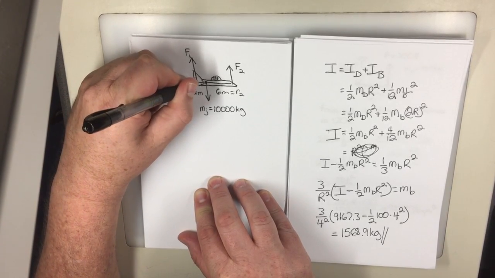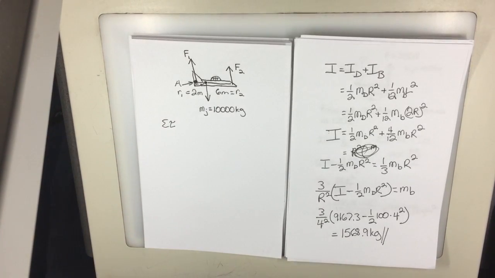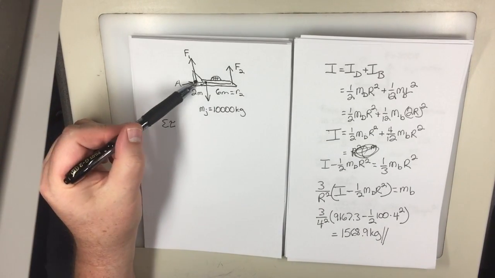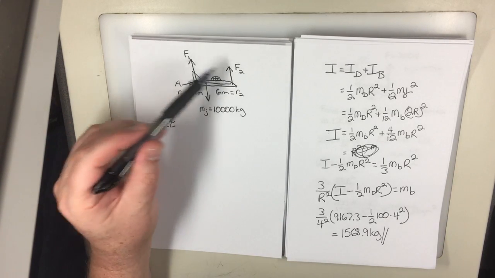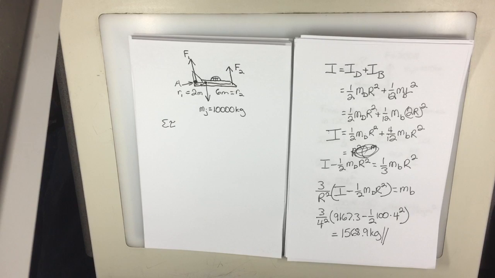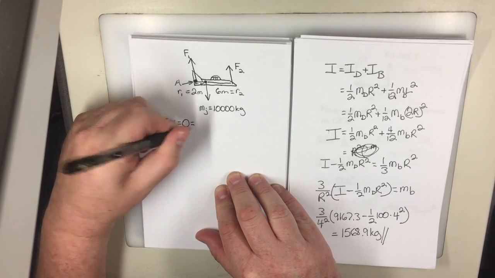I'll call that point A. The two sensible points are this point or that point. Why? Because the distance from that force to that rotation point is 0, and so I've eliminated one of the two unknowns. In this particular case, I've eliminated F1. So the sum of the torques around A is 0.